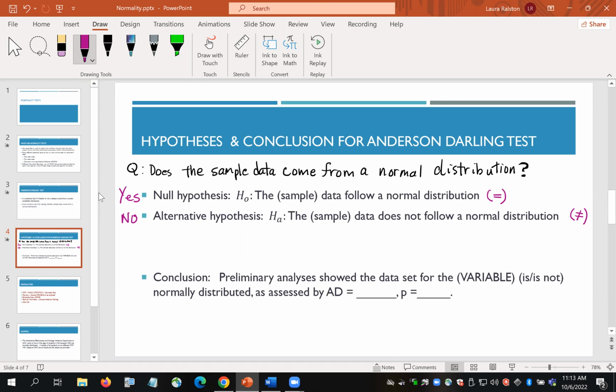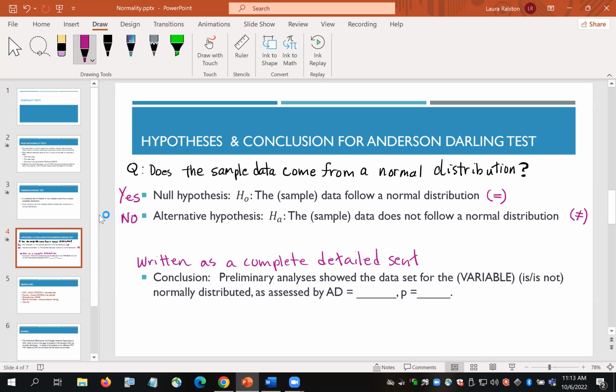And in the end, we have to write our final conclusion. We always write our final conclusion for any hypothesis as a complete, detailed sentence.